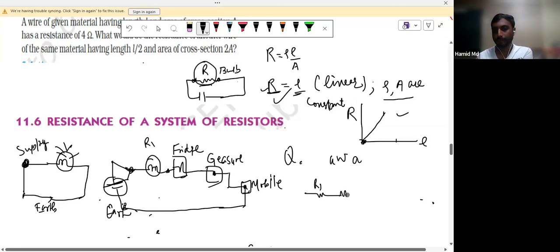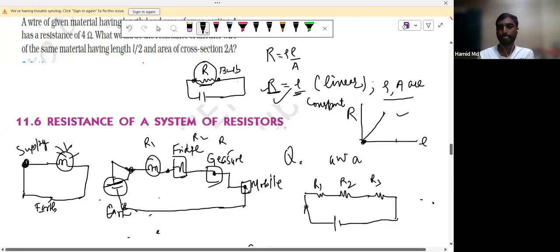Then again end to end, R2 corresponds to the fridge, and R3 corresponds to the geyser. Only three resistors I am connecting, and we will replace the source or supply with a battery, right? This combination is clear?